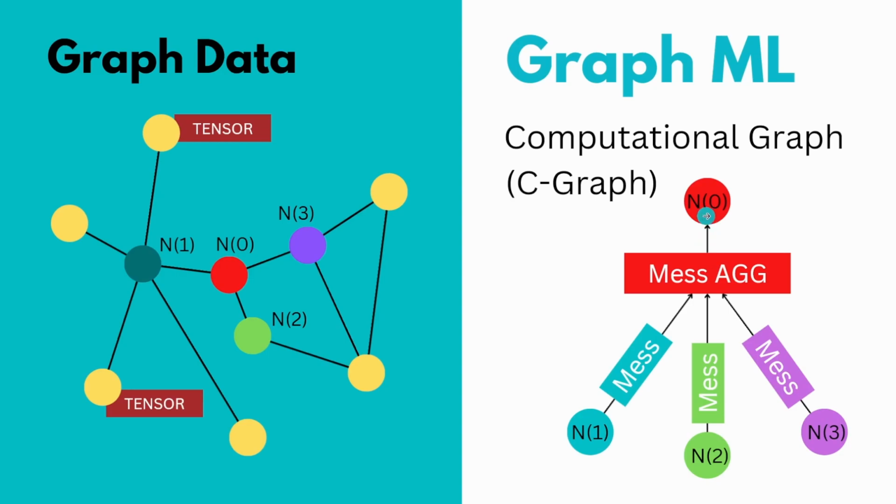So if we go just one hop from N0, we have N1, we have N2, and we have N3. These are the three nodes I can reach from N0.